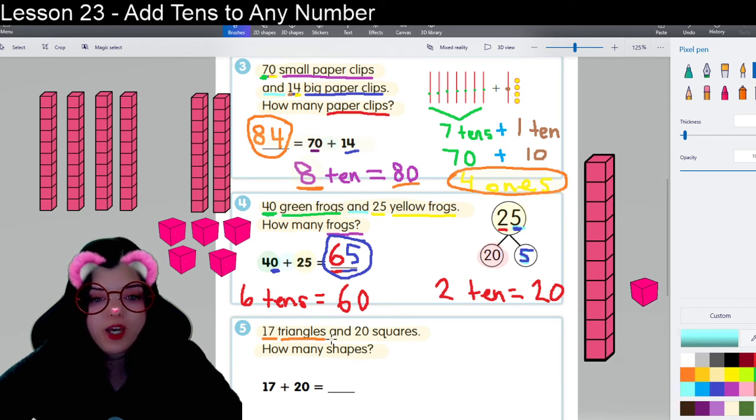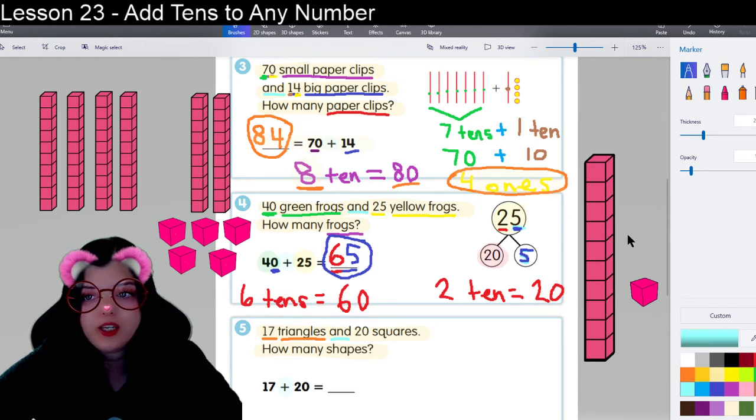And is an important vocabulary word that tells us that plus is nearby, and we're going to be bringing numbers together soon. And 20 is the number. Squares is the object. How many shapes?